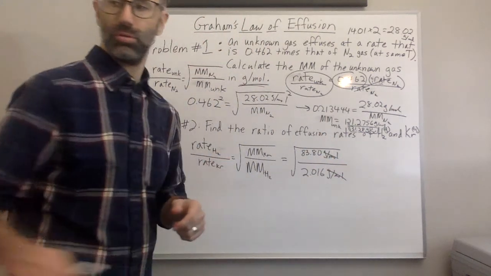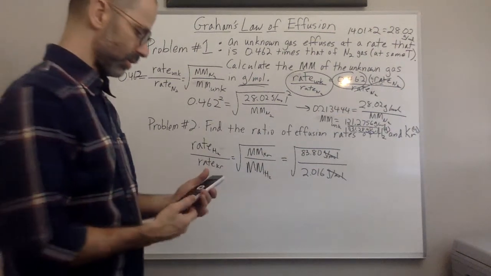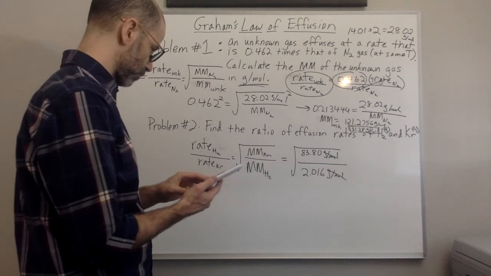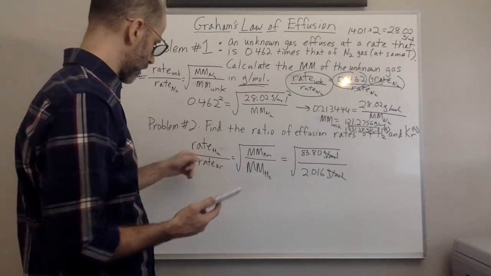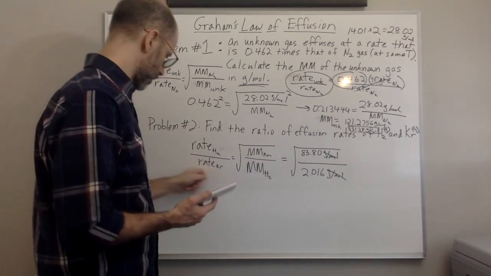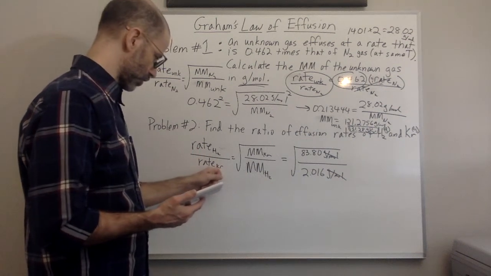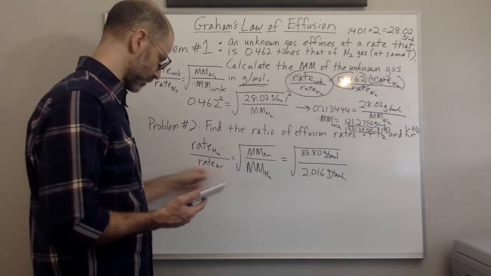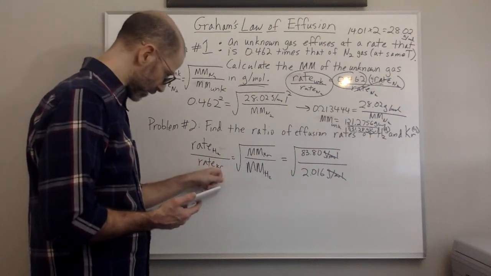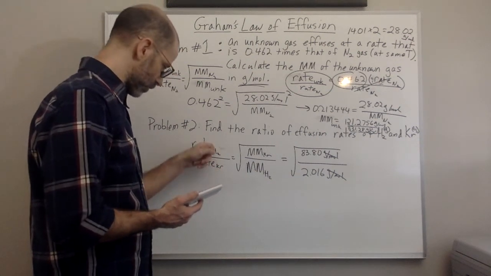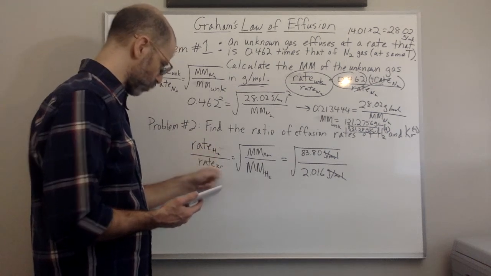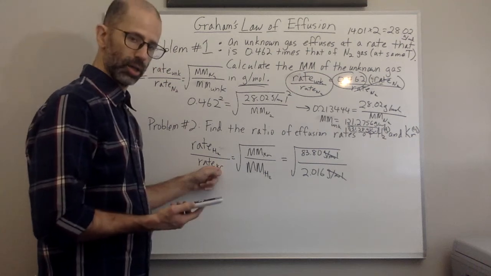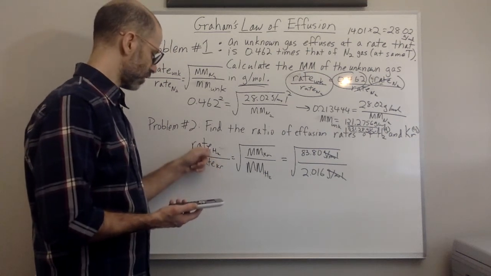So now all I need to do is take my calculator and divide. And then I forgot to say that since we have a larger atom here, a larger molar mass, and a smaller one here, that means the rate for the krypton should be slower than that of hydrogen.